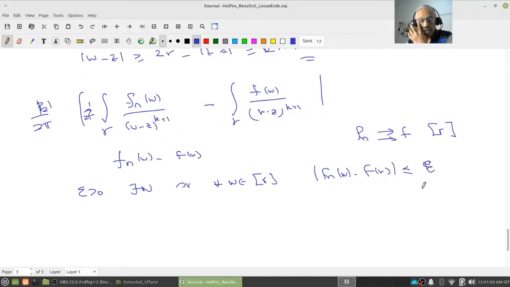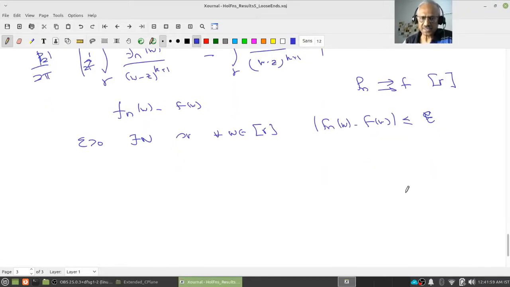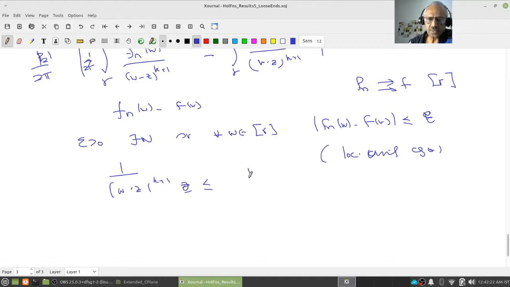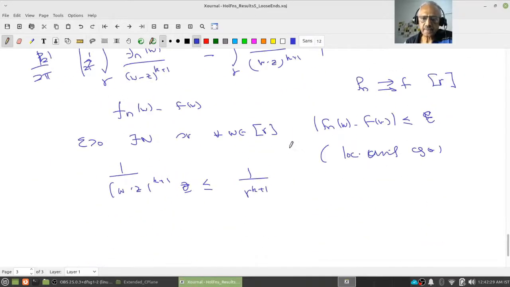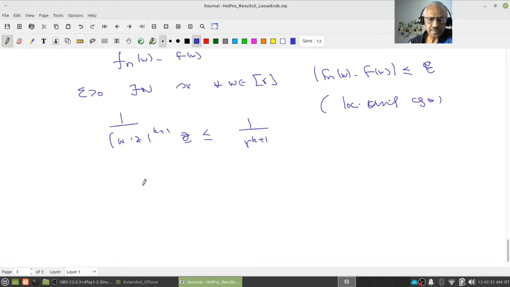If you want, I can put a constant, let's not worry about it, we will know what constant later. This is because of local uniform convergence. But now I know mod w minus z to the power k plus 1 is greater than or equal to r to the power k plus 1, so 1 upon that is less than or equal to 1 by r to the power k plus 1. That's what we just saw.